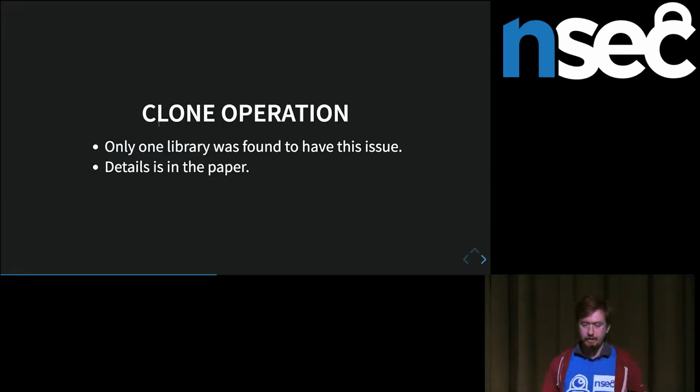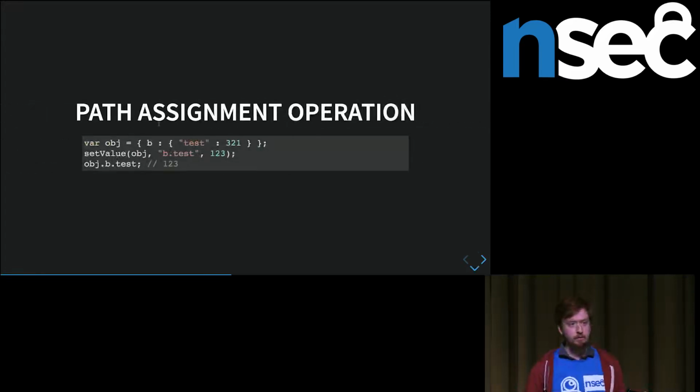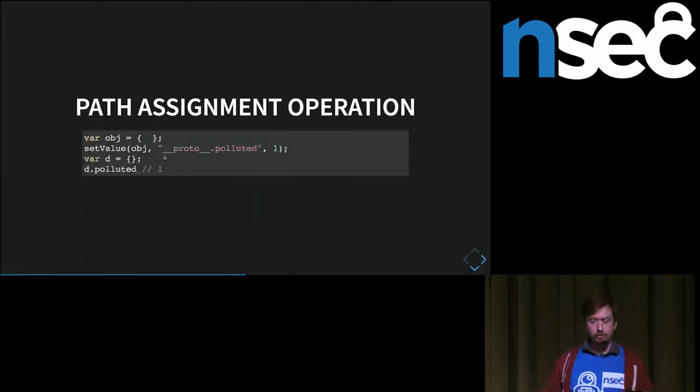The third one that's really interesting is that there's a bunch of libraries which allow values to be defined by a path. Basically, we start with an object which has a set of properties, and if we want to set object.b.test equals 1, 2, 3, some APIs and some libraries allow us to do this by defining a path. And here, if the attacker is able to control this part of the path, he can define the path to be on __proto__.polluted.